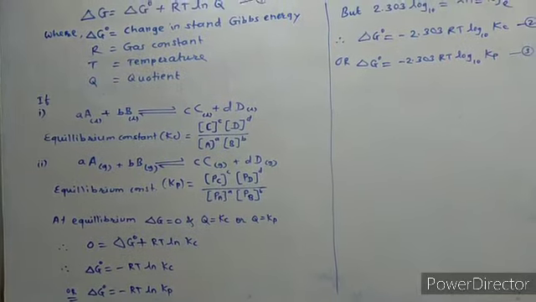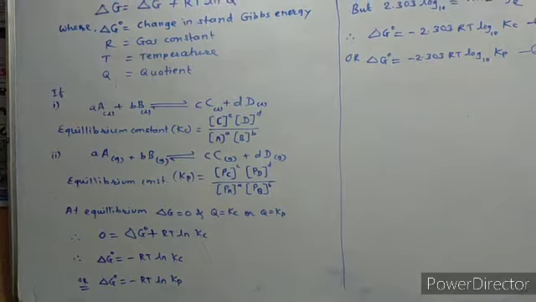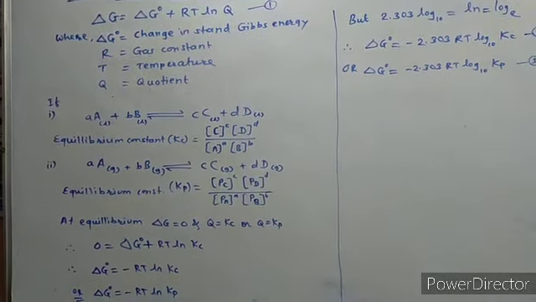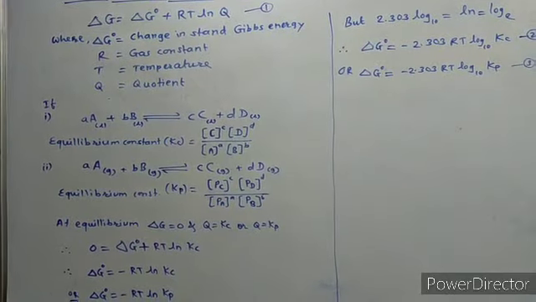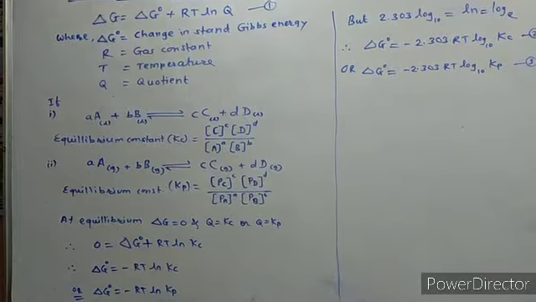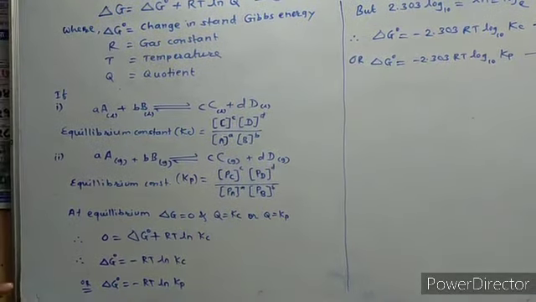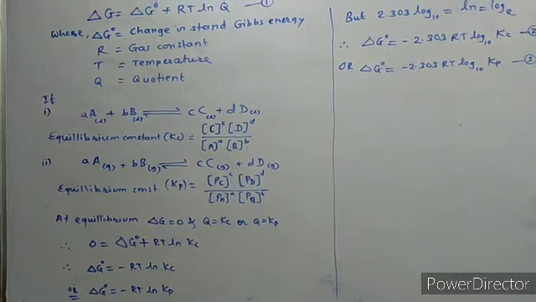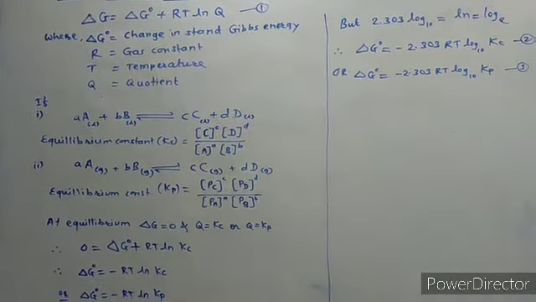So by adding the values of delta G and Q in equation 1, we get 0 equal to delta G 0 plus RT ln Kc. Rearranging the equation, we get delta G 0 equal to minus RT ln Kc. Instead of Kc, we can also use Kp for gaseous reactants and products. Now ln means what?